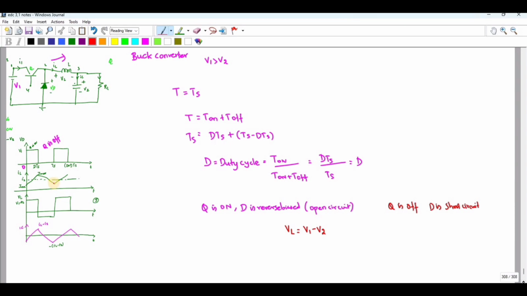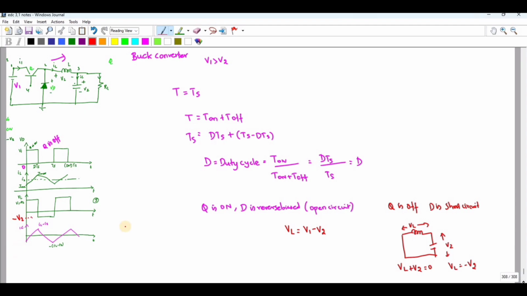During that time you have an inductance followed by a capacitance followed by a short circuited line. This is VL and this is V2, so VL plus V2 is equal to 0. Therefore VL is equal to minus V2.